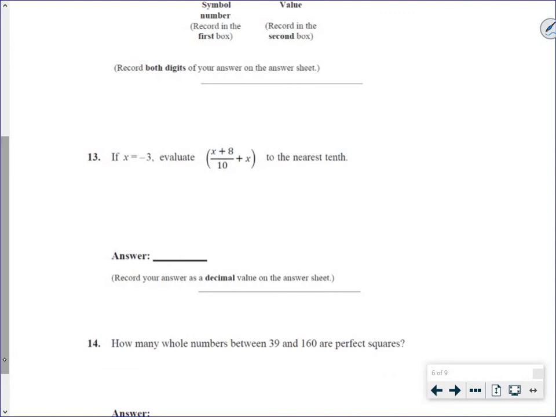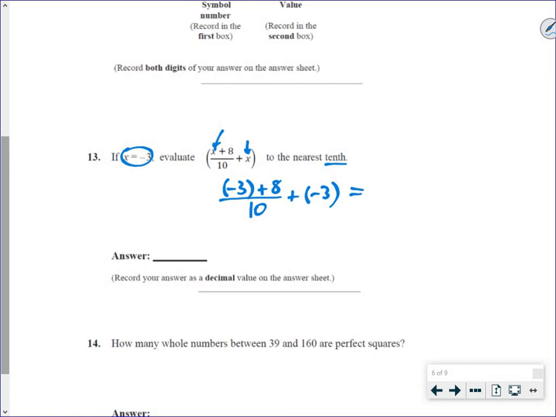Okay, moving on. If x is negative 3, evaluate this expression to the nearest tenth. That means 1 decimal place. So everywhere I see an x in this expression, I'm going to put a negative 3 in its place. So negative 3 plus 8 divided by 10 plus negative 3. So let's evaluate.